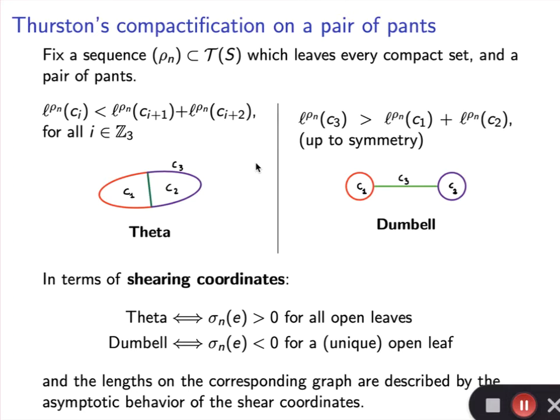And we can push this even further. We can describe the length on the limiting metric graphs in terms of the asymptotic behavior of the shearing coordinates. So this is one of the main motivations for this work.